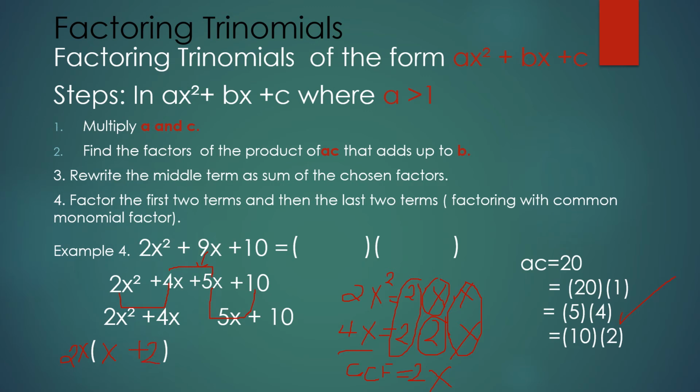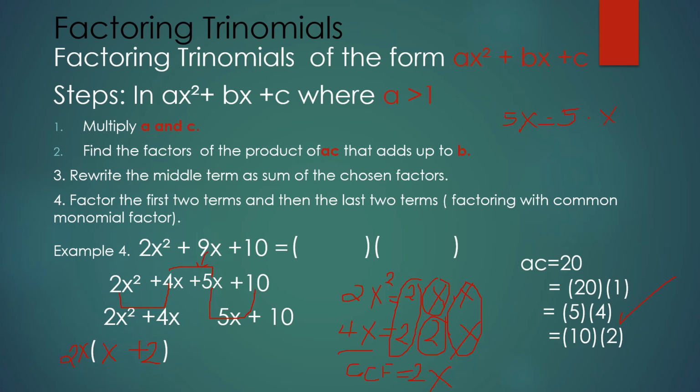Okay, ganun lang. Next, dito na naman tayo ngayon sa last two terms, 5x plus 10. Madali lang, alam natin yung 5 times x. Ang 10 naman, 5 times 2. So, ang 5x natin ay 5 times x lang. Okay?